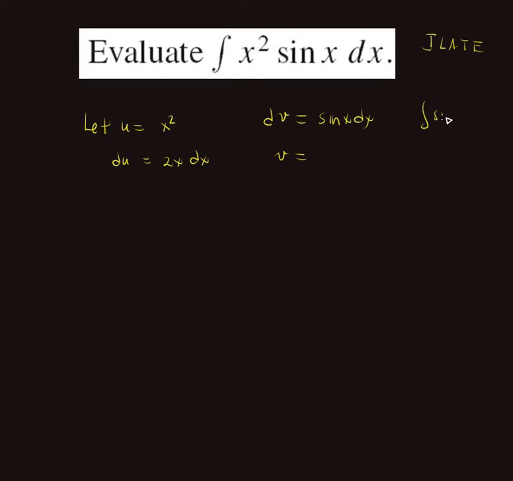The integral of sine of x is actually minus cosine of x plus c, right? So in this case it's going to be minus cosine. We're going to put just minus cosine. The plus c, we will do at the end. Okay, now we go with the formula for integration by parts. It says the integral of u dv is equal to uv minus the integral of v du.